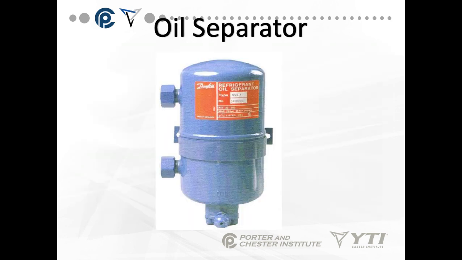Oil separators exist as well in larger systems. In most systems, in the smaller systems, the oil flows around through the refrigeration circuit completely through and mixes with the refrigerant. In larger systems, we want to separate the oil out from the refrigerant as it leaves the compressor, okay, and sometimes as it leaves the condenser. But we want to separate that oil out of the system.